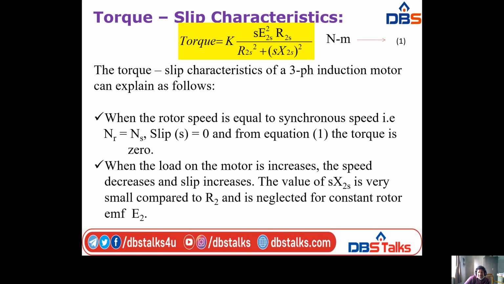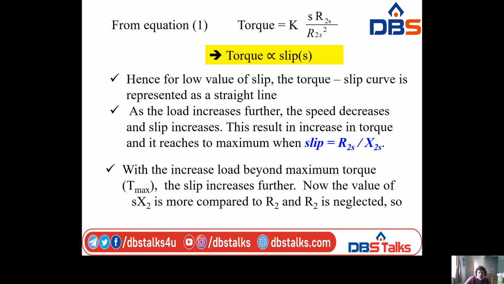When the load on the motor increases, the speed decreases and slip increases. The value of SX2 is very small compared to R2 and is neglected for constant rotor EMF E2. Now torque is equal to K into S R2 square by R2 square, so R2 square and R2 square cancel each other.